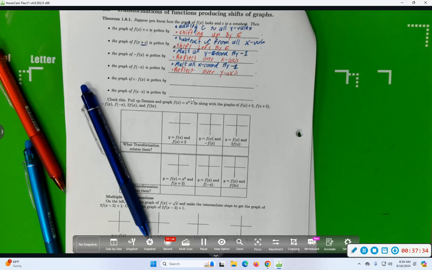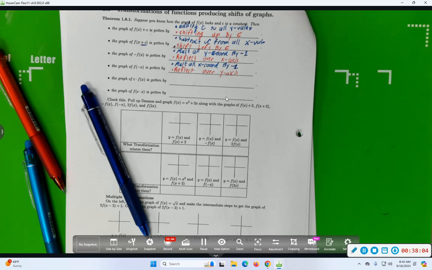All right, 2 last moves and then we'll have everything we need to start putting together. Multiply a function by a number, c. What do you think that should do to the graph? I hear a call for it should stretch the y values.